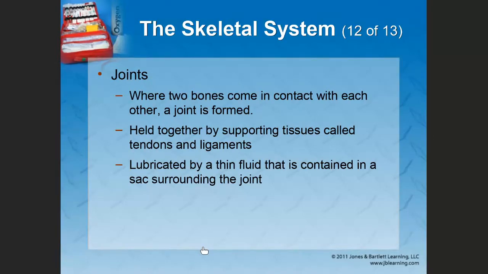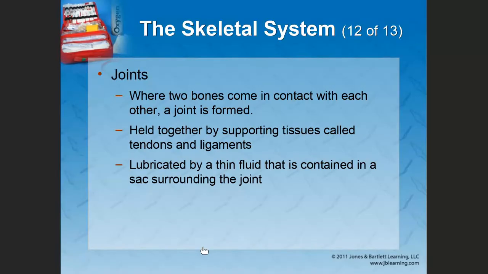So joints, where two bones come in contact with each other, a joint is formed. And the two bones that come into contact at a joint will form the name of the joint. They are held together by supporting tissues called tendons and ligaments.